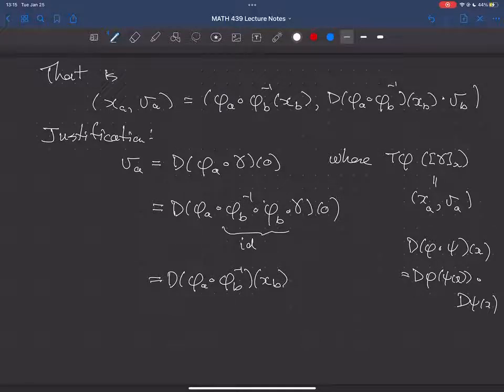All right, so this is now going to be some n by n matrix. Then I'm going to do matrix multiplication, just like in the chain rule, of D of phi B composed with gamma of 0. So this is also going to be a matrix. What's the shape of that matrix going to be? How many rows and columns will it have?